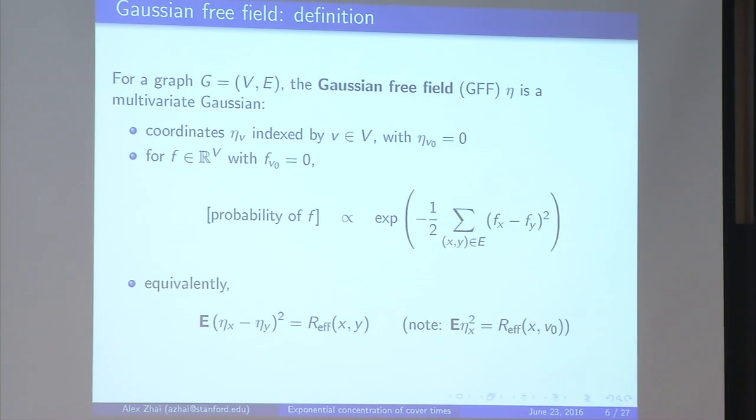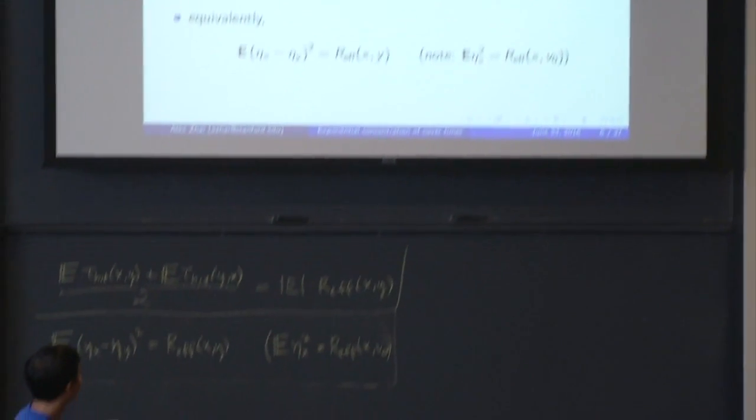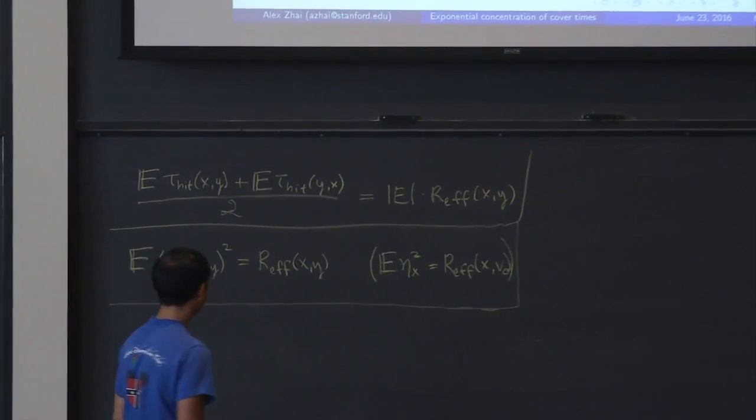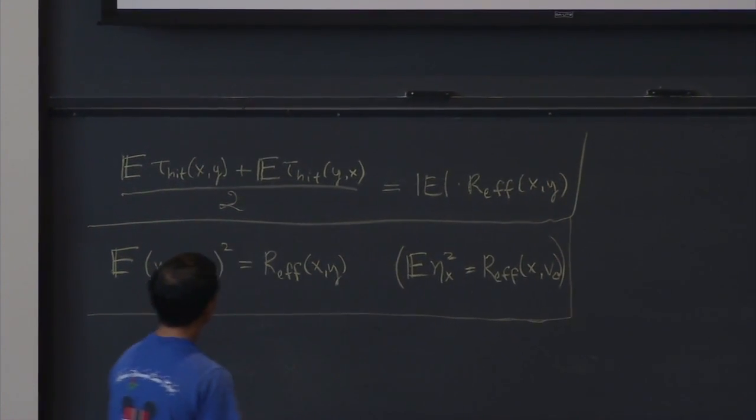As a vague explanation of why these are equivalent, it has to do with the fact that this thing here is like an energy, and one way to calculate the effective resistance is an energy minimization. So the relationship is some kind of energy minimization here. But I'm not going to go into more detail about this.